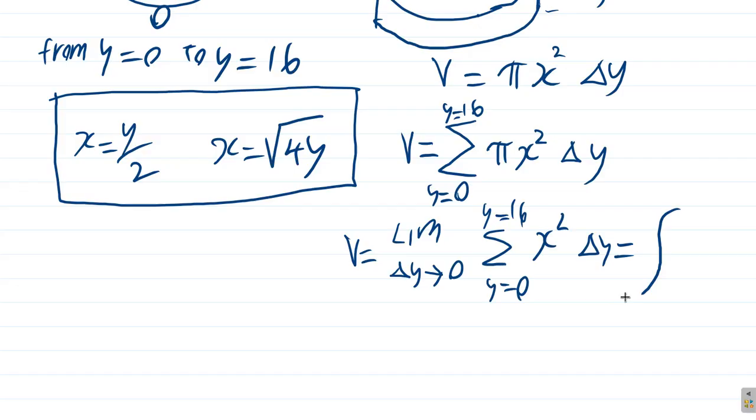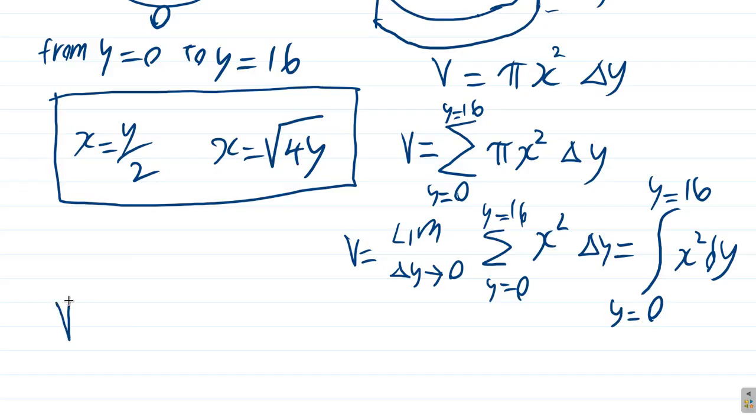Once you put the limit in there approaching 0, use the integral sign from y equals 0 to y equals 16 of x squared, and instead of delta y, you say dy. So you're integrating, right? Now let us use the first formula here, x equals y over 2.